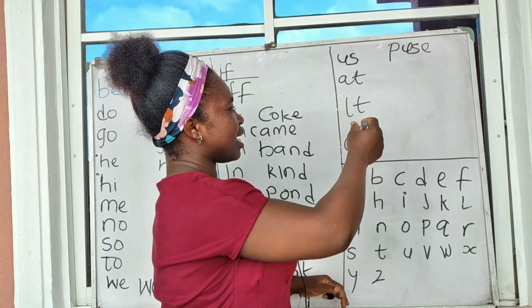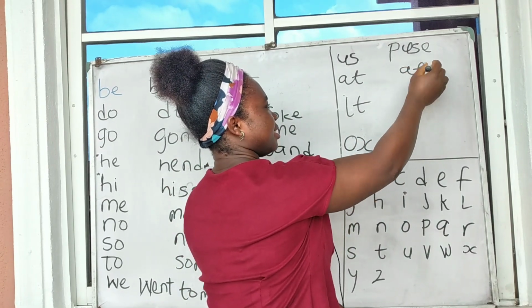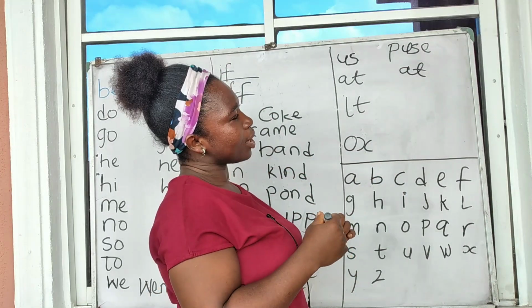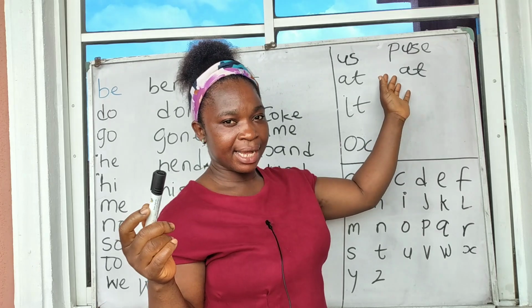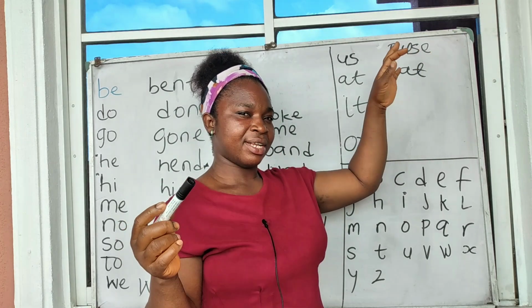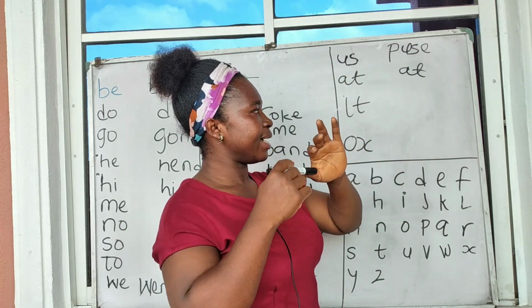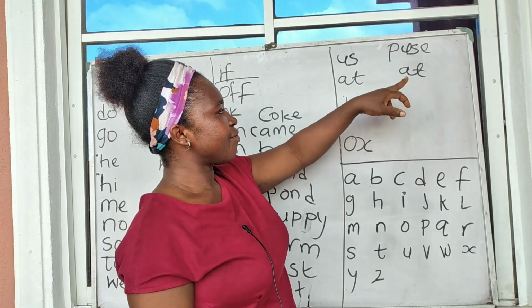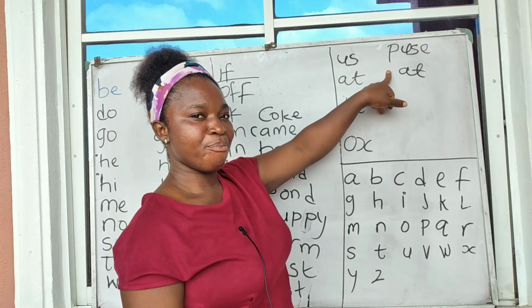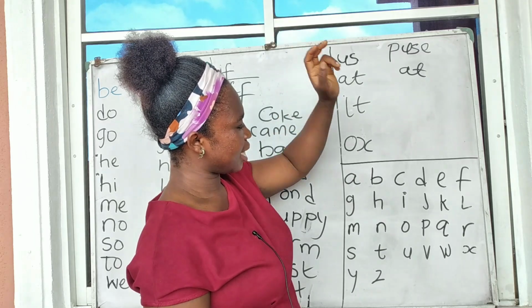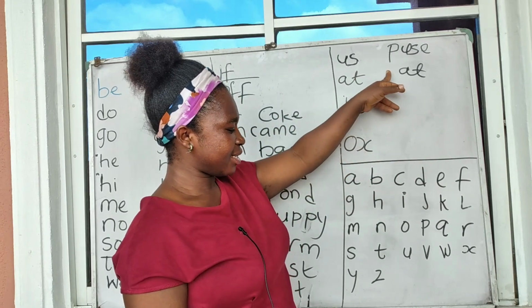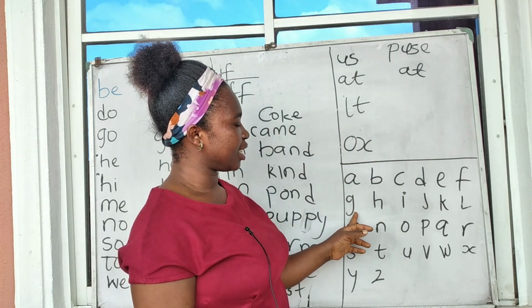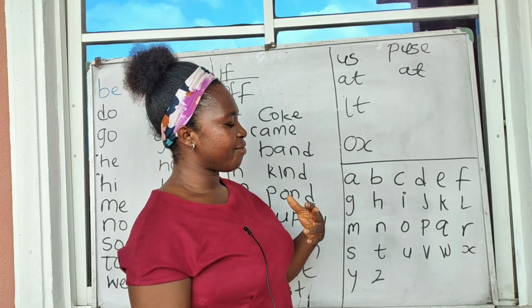So I have the next one, AT, that is at. What can we add at the beginning part, at the ending part to give us another 3 letter, 4 letter word? So if I choose P here, I'm going to have pat. If I choose B here, I'm going to have bat. If I choose F here, I'm going to have fat. If I choose G and add E, I'm going to have gate.